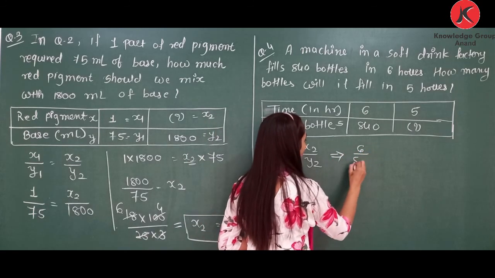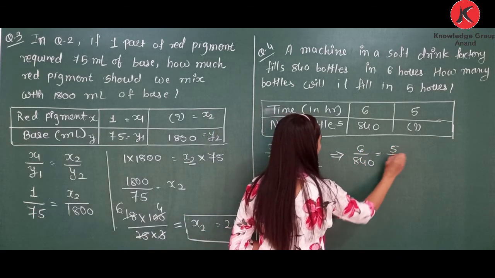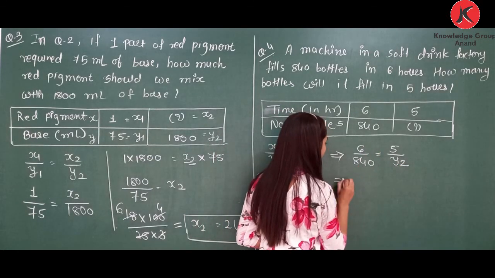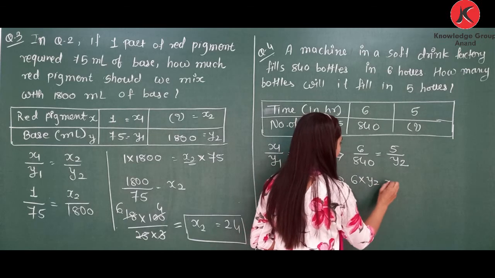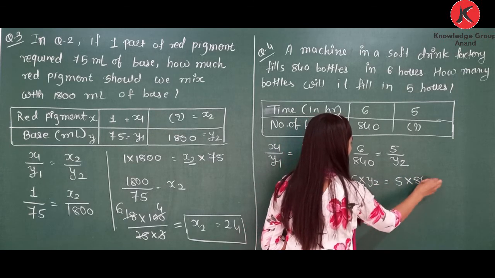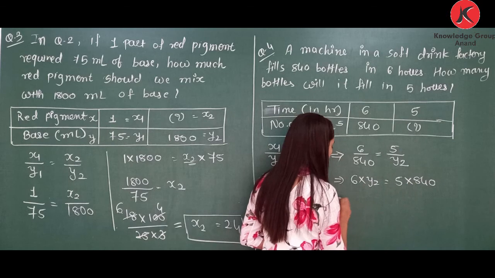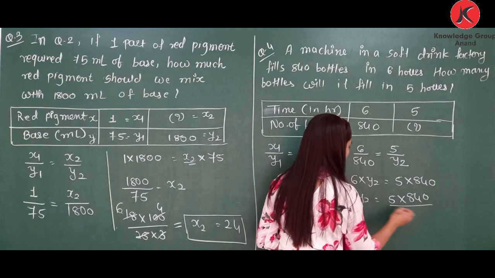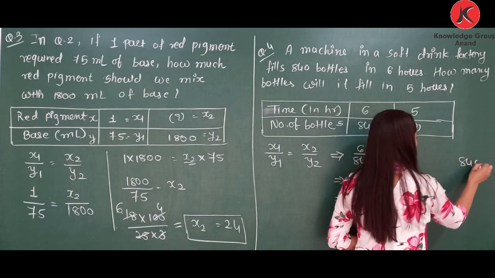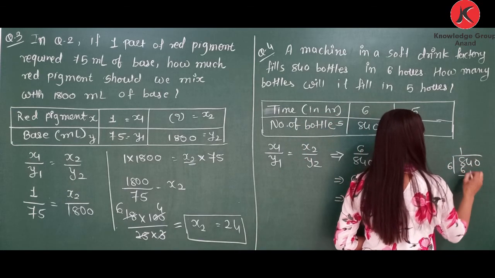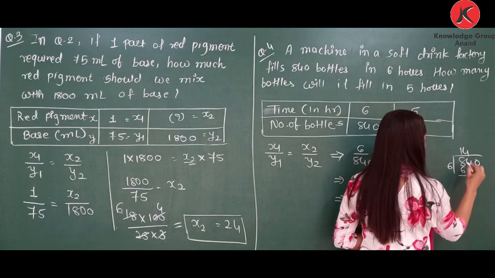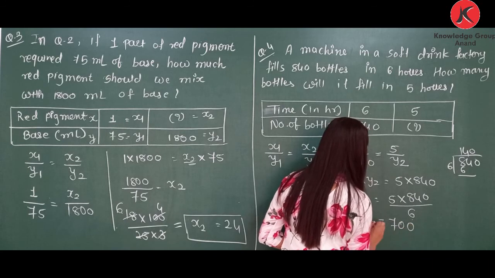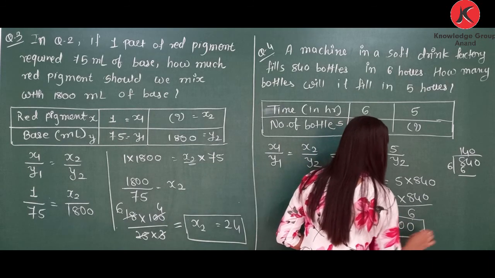So 6 by 840 is equal to 5 by y2. To find y2, multiply with 840 and 5, then divide by 6. So y2 will give 700.